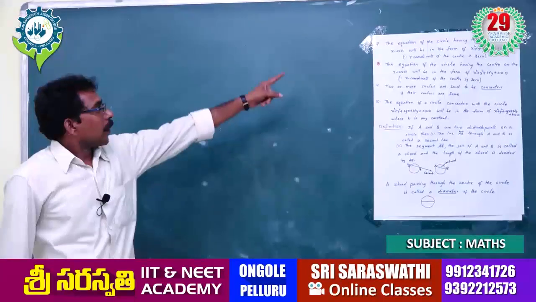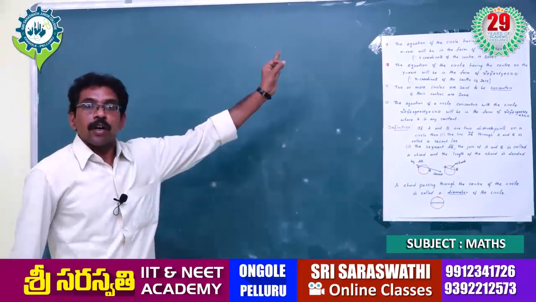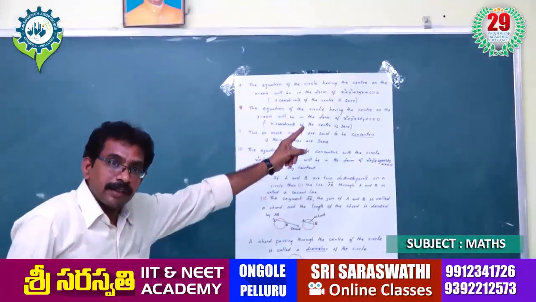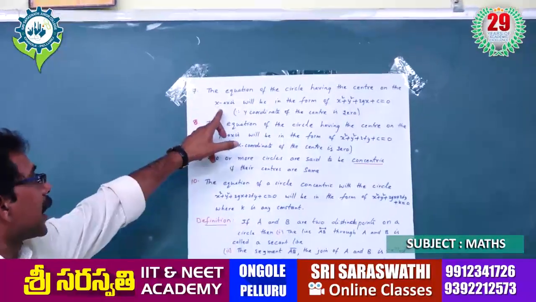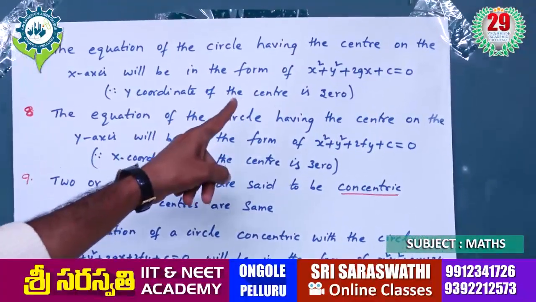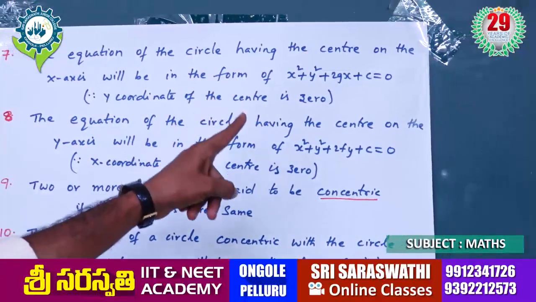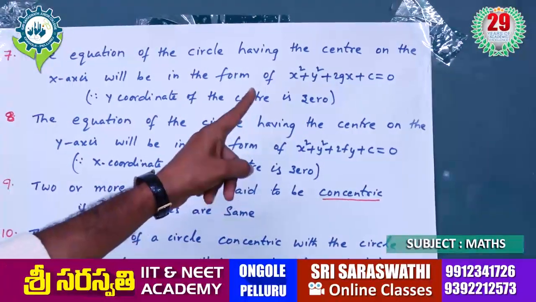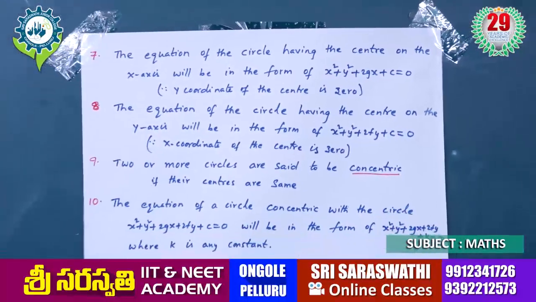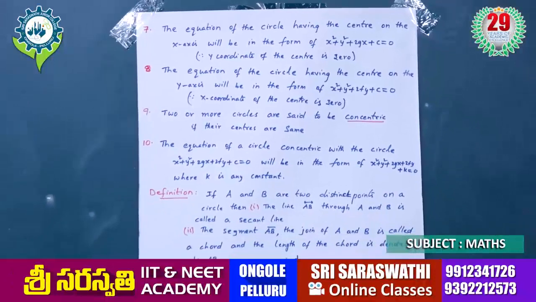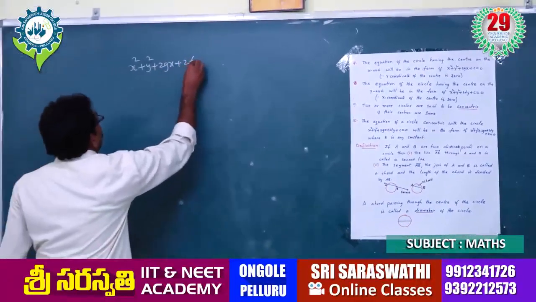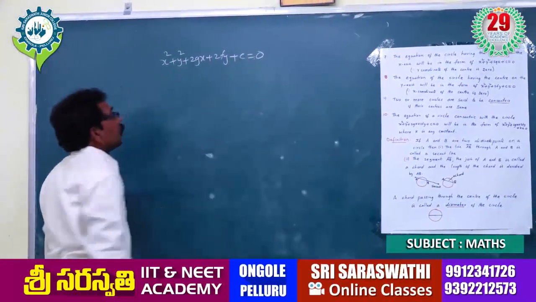Next point, the equation of the circle having the center on the x-axis will be in the form of x square plus y square plus 2gx plus c is equal to 0. Generally, a circle equation x square plus y square plus 2gx plus 2fy plus c is equal to 0.